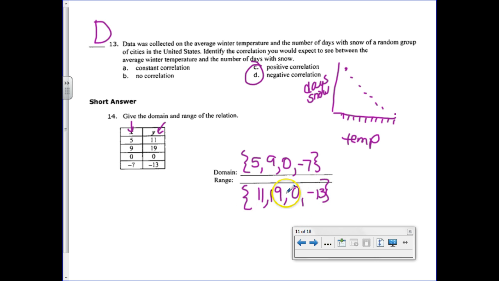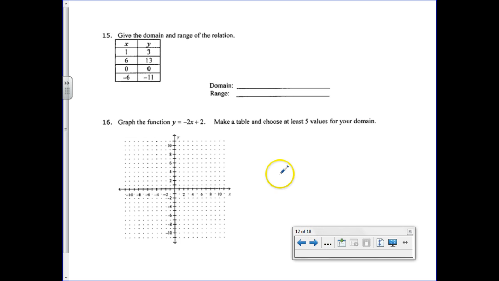If you're one of those people that goes crazy because it's not in numerical order, you can put it in any order you want. Range and domains are just lists, so the order does not matter. Same thing with this one, domain and range. X values are 1, 6, 0, and -6. The y values are 3, 13, 0, and -11.